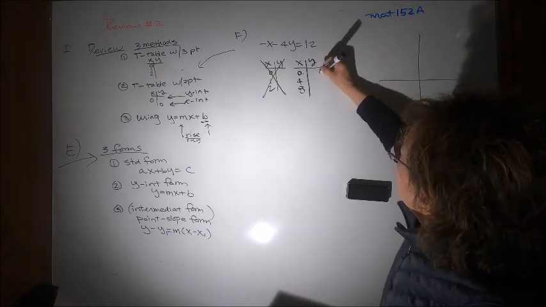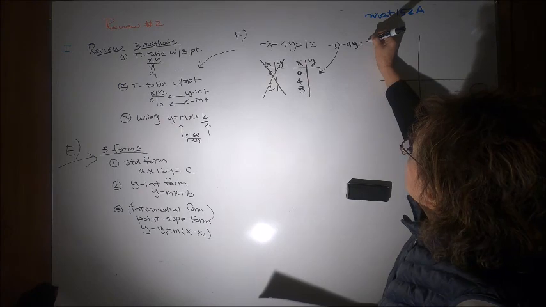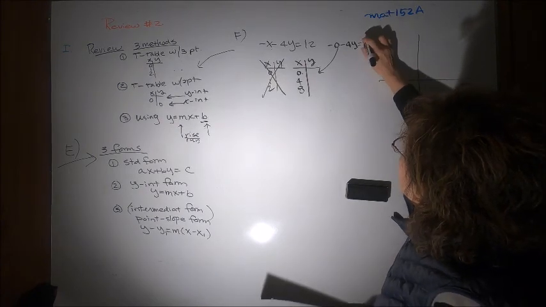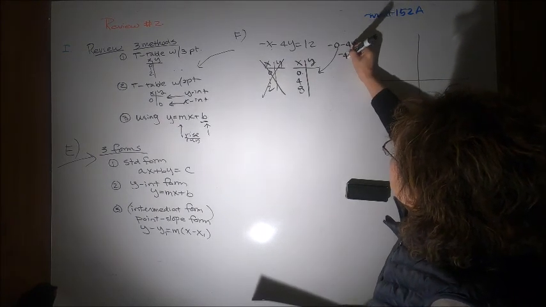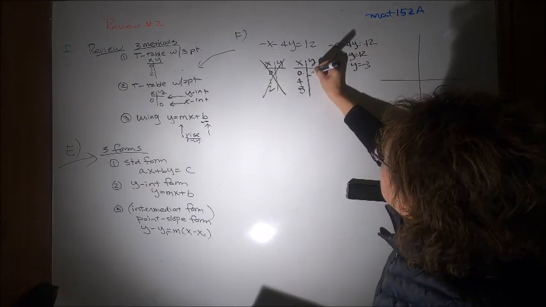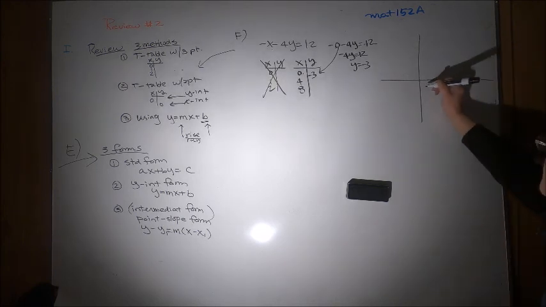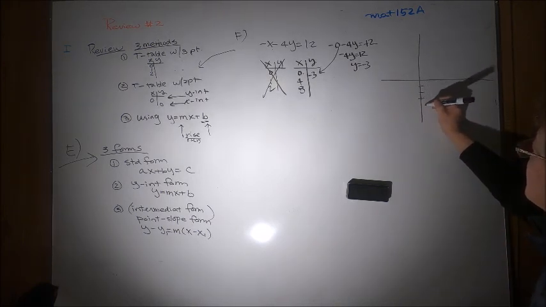So that would be -0 minus 4y equals 12. So you have -4y equals 12. Y is what? -3 divided by -4, right? So we have what? 0, -3.